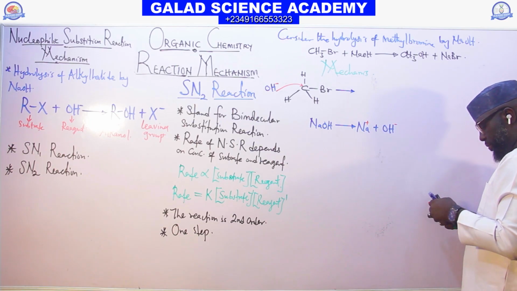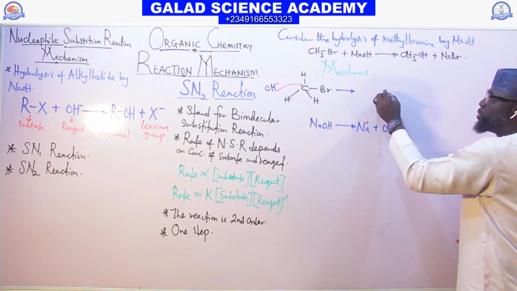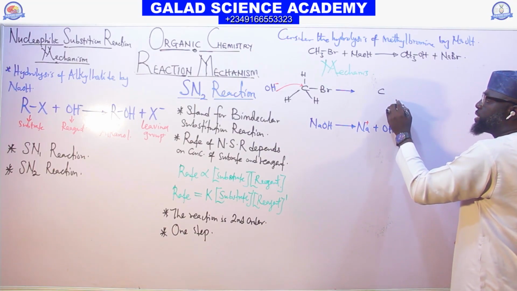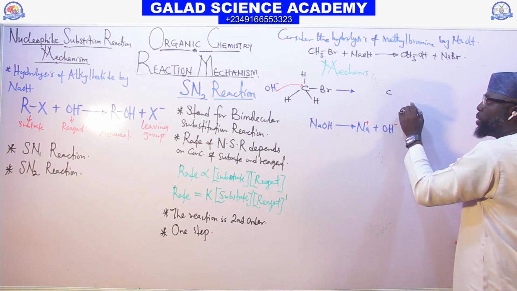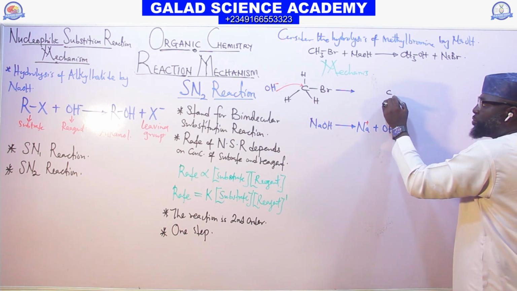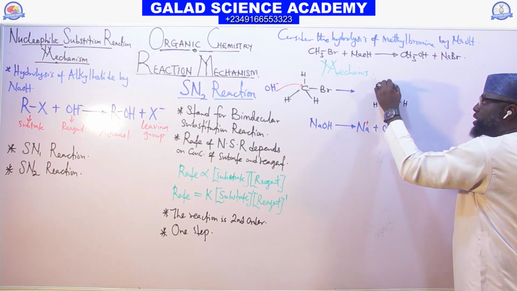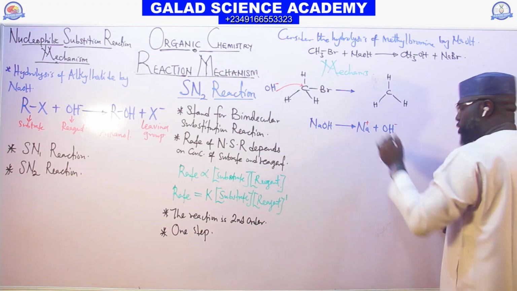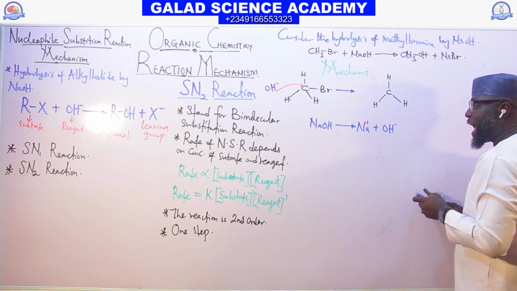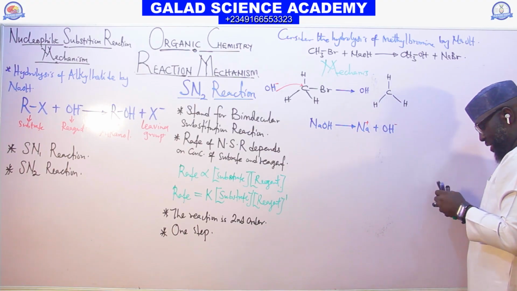Look at the carbon. This is my carbon, and we have the first hydrogen, the second hydrogen, and this hydrogen. Don't forget that the OH is attached to this carbon from the back.